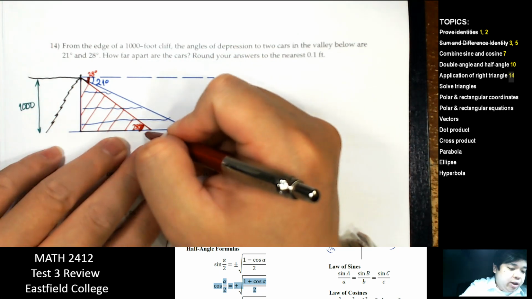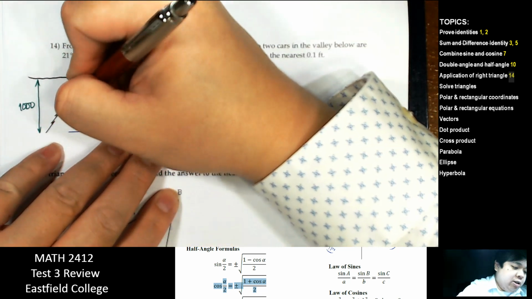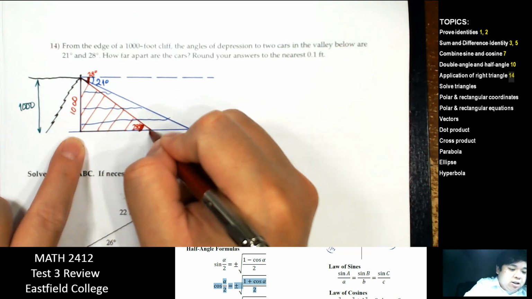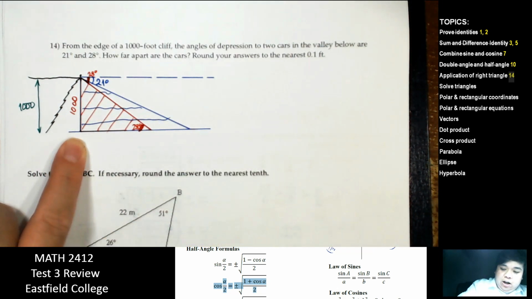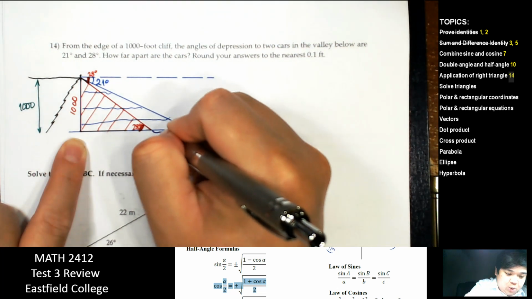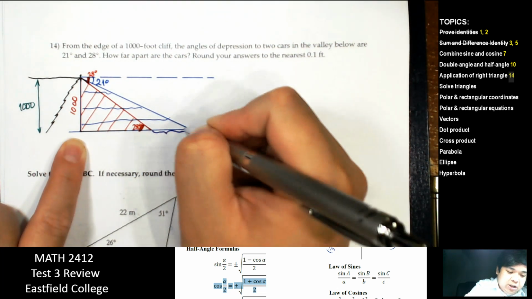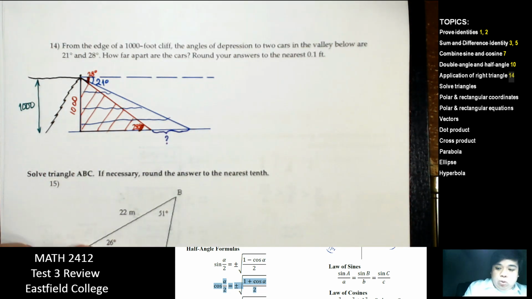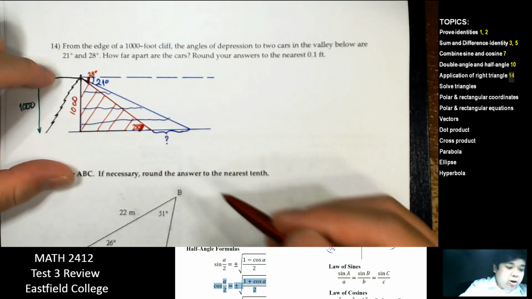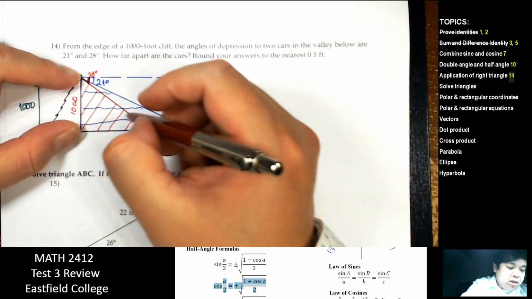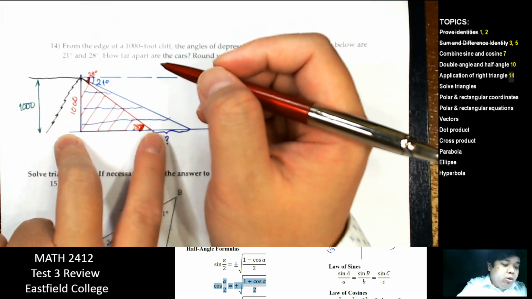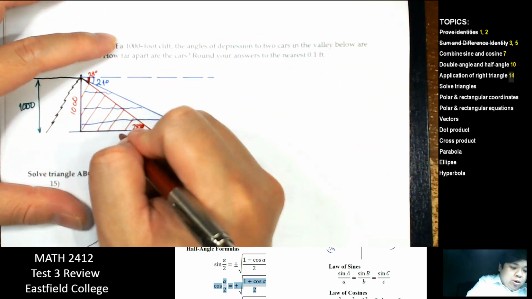So 28 degrees here, and that is 1,000. We need to find this distance. By the way, the question asks us what is the distance between the 2 cars, so we do not know this. When we look at the red triangle, we have opposite, that's all we have. But we look for the adjacent.